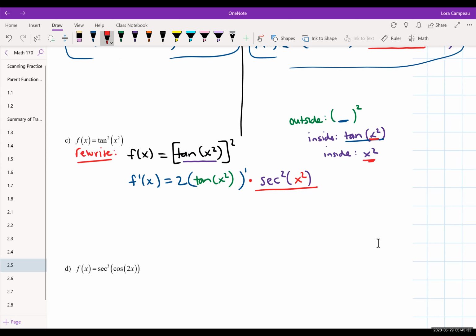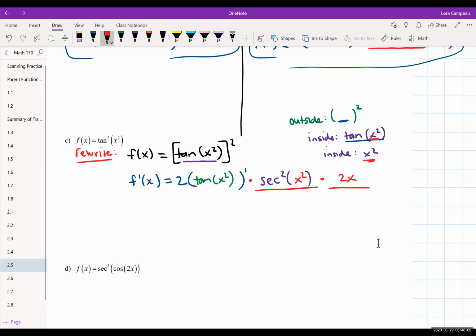So derivative of tangent is secant squared of whatever we're taking it of, the argument. And now we have one more link for our chain. What is that inside function? How do you take the derivative of x squared? Well, derivative of x squared is 2x. And we stop. We do not see a 2x in our original function, so we don't keep calculating derivatives like crazy. So you have to be really careful and know when to stop. That's a big part of mathematics too.